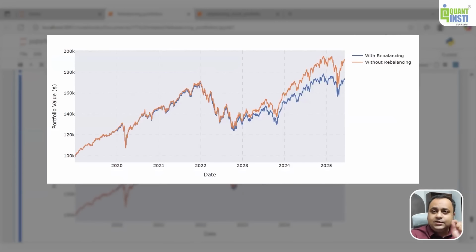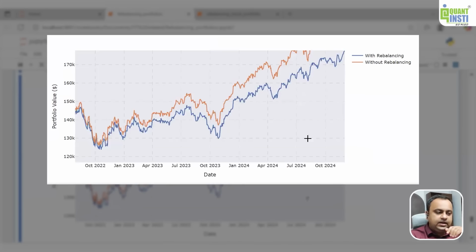So when you look at the rebalanced portfolio, it gives you an actual understanding of the fact you could have been an investor at any of these points in time, and you could have allocated your money according to the portfolio objective. Let us understand this a bit closely. So if I take this entire area, at this point where the orange line and blue line are very close to each other, as a portfolio manager trying to solicit your money to actually invest in this particular fund, let us suppose I show you the without rebalancing graph.